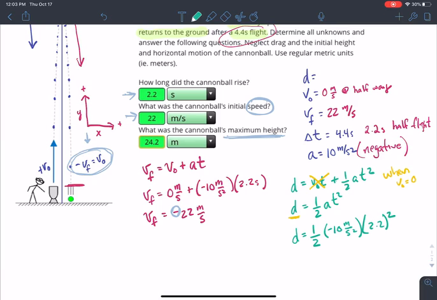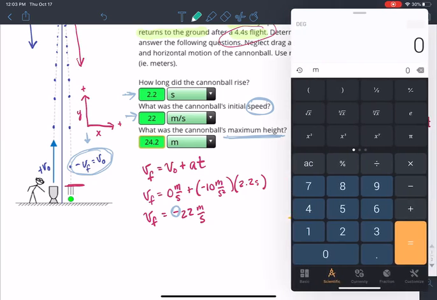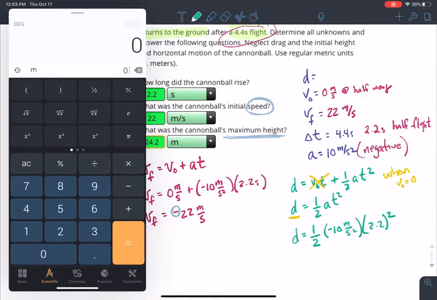All right, and let's calculate that out. I've got negative 10 times 2.2 times 2.2 because it was squared. We'll divide that whole thing by 2, and we get negative 24.2. So d equals negative 24.2 meters.